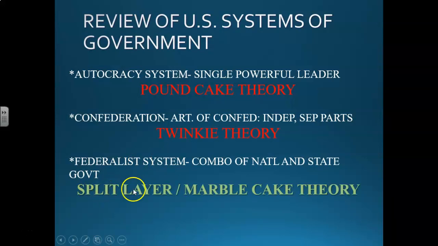Split layer cake is going to be connected with something called dual federalism. And then the marble cake theory is going to be connected to cooperative federalism. We're going to go over both of those styles and see which one we are in today. But these are the three cake theories of government: pound cake, Twinkie, and the split layer and marble cake.